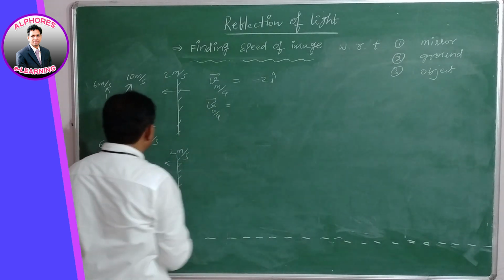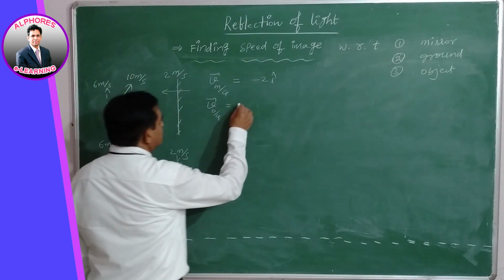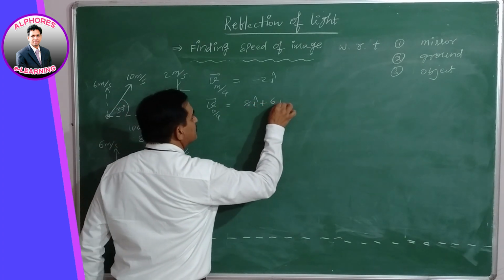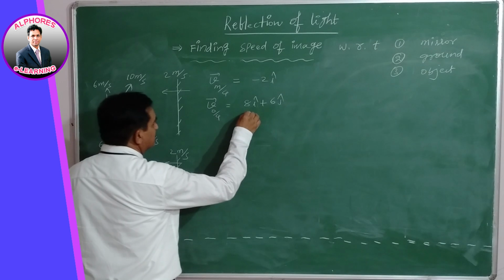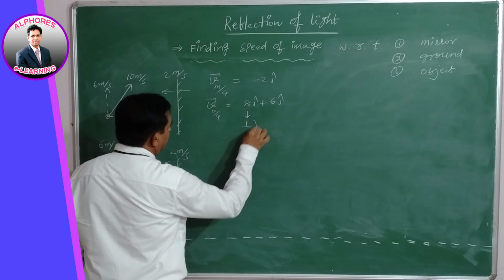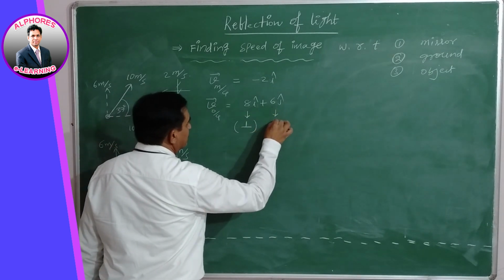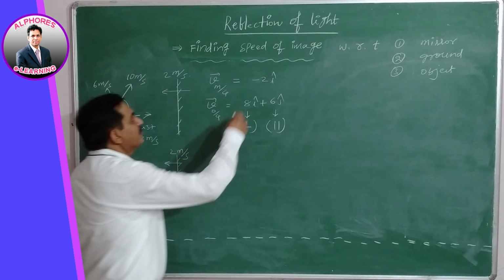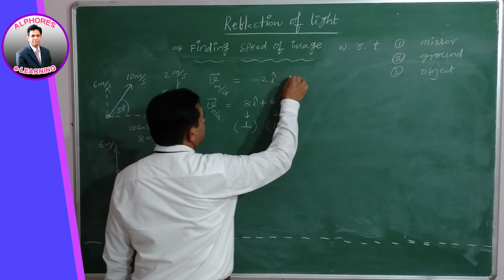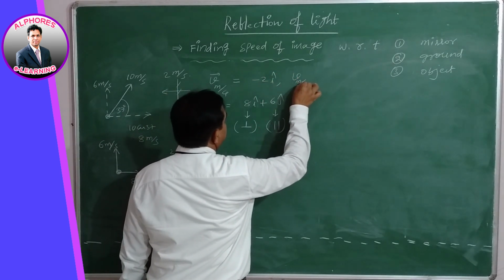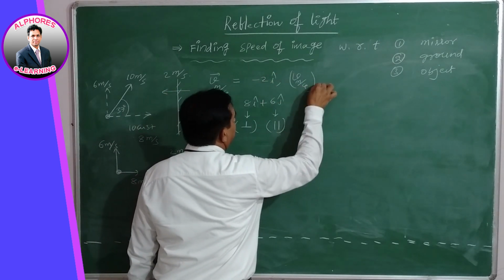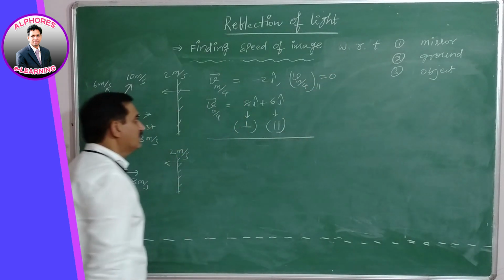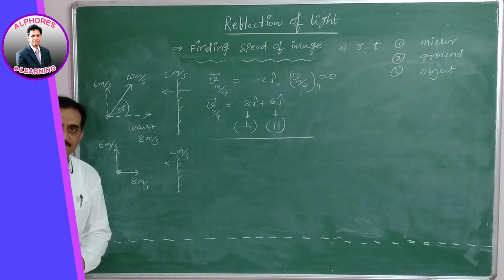The speed of object with respect to ground is equal to 8i plus 6j. Of course, this is the perpendicular component and this is the parallel component. There is no parallel component for the mirror. The parallel component of the speed of mirror with respect to ground is 0. So this is the total data related to this problem.